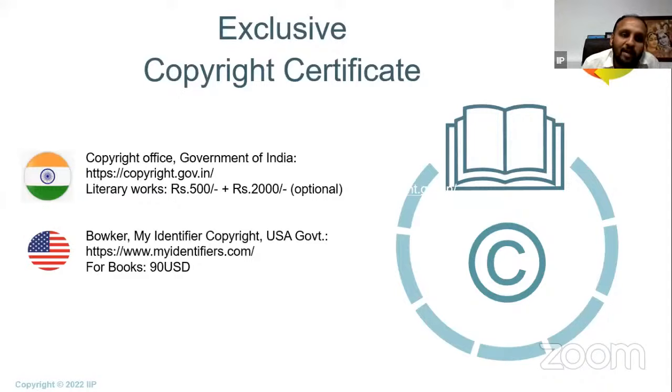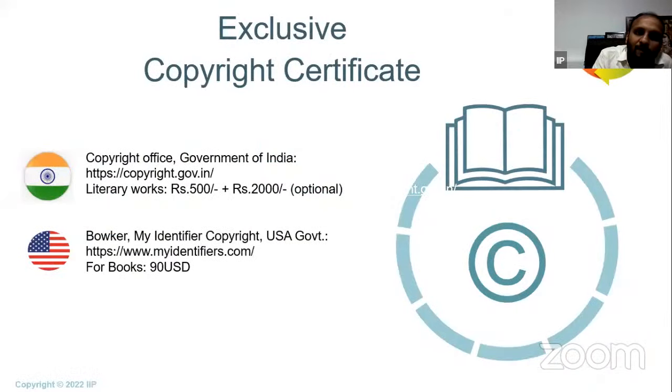It is not available for money in India. But in the USA, any citizen or any company registered under the USA government can get the ISBN by paying a fee. In India, it is completely free and it should not be sold for money.